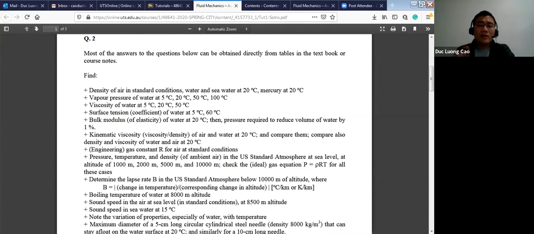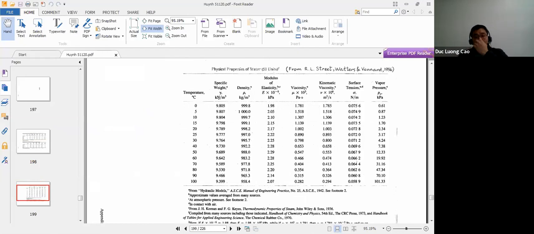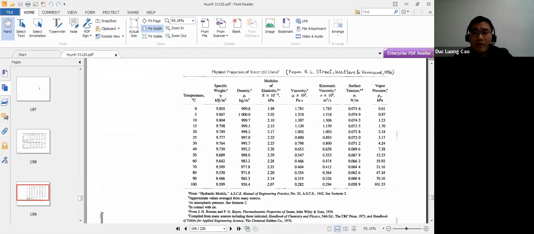Okay, but for 5, 20, 50, how to find vapor pressure? You have this table, yeah, use this table. Table 3 in the notes. The first column you see temperature, and the last one is vapor pressure.